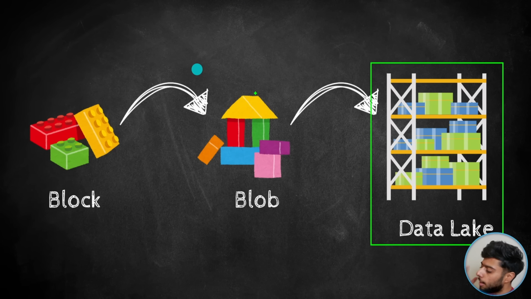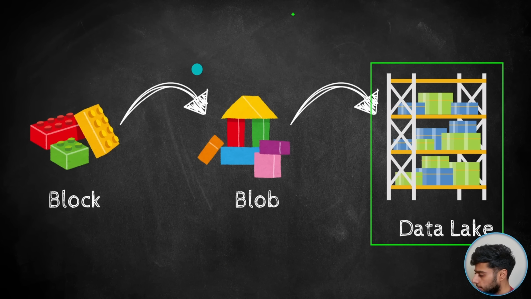Perfect. But now I do not want to directly upload the files. I want to create hierarchical folders. In that scenario, you cannot use blob storage, because blob storage will not allow you to create hierarchical folders.